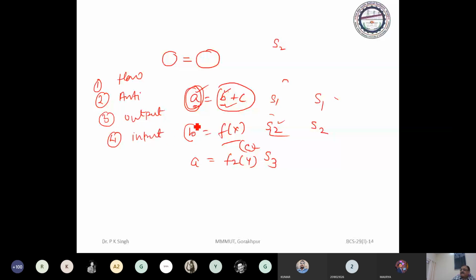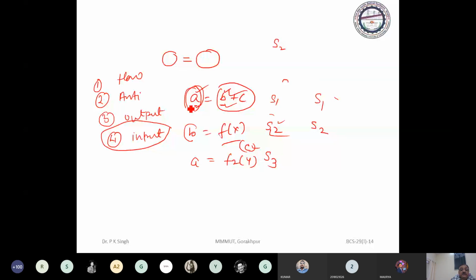dependence. But just see, for parallelism we will not consider it, because it will not affect the semantics. If S1 and S2 are using the same value, same reference, then the value is not going to be modified. In that case, this will not bother the semantics.